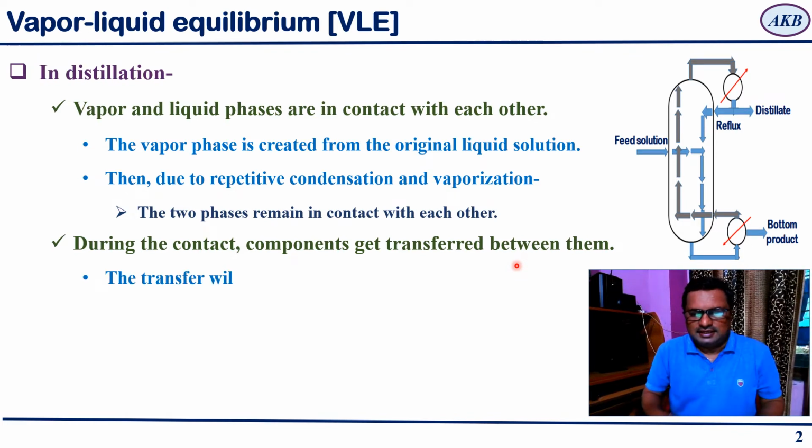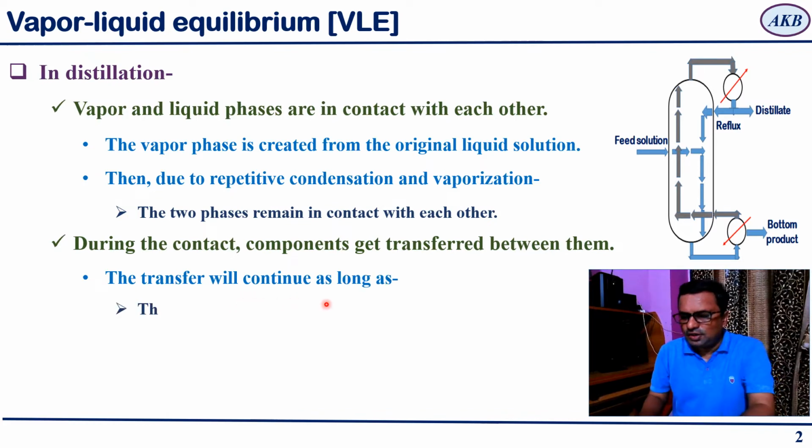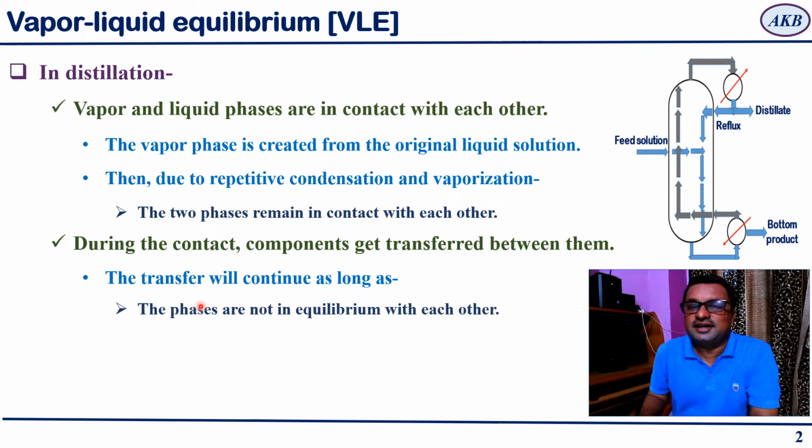But this transfer will continue only as long as the vapor and liquid phases are not in equilibrium with each other. As long as they are not in equilibrium, mass transfer will occur between them. As soon as they come into equilibrium, mass transfer will stop and there will be no successful distillation.